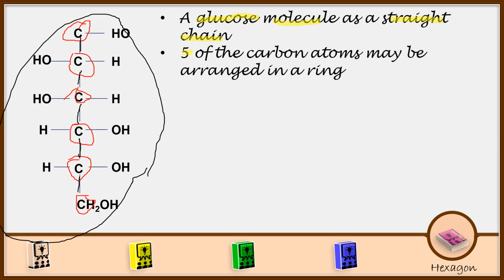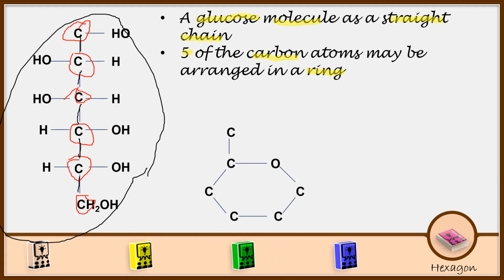Five of the carbon atoms may be arranged in a ring. We can arrange 5 of the carbon atoms in a ring. And how does it look? We can put it like that. So 5 of the carbons, we are going to put them in a ring.